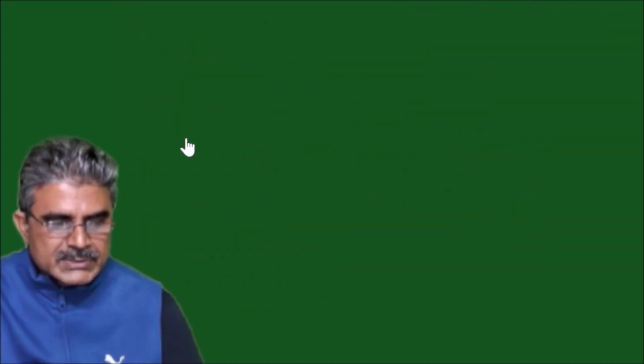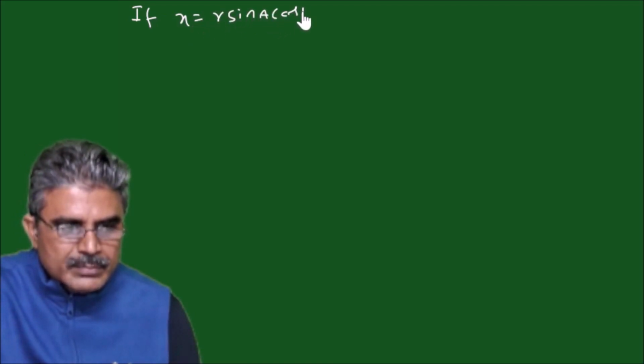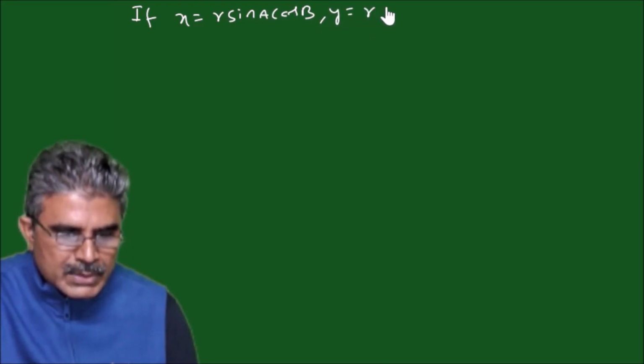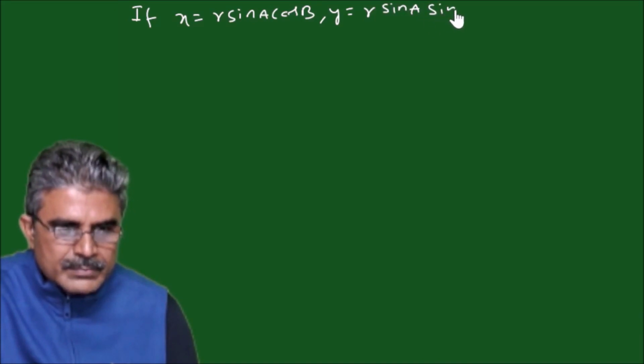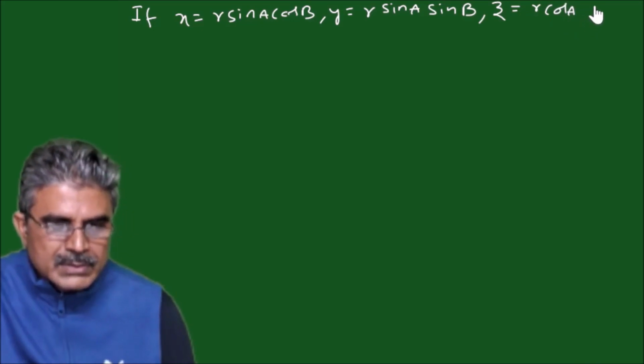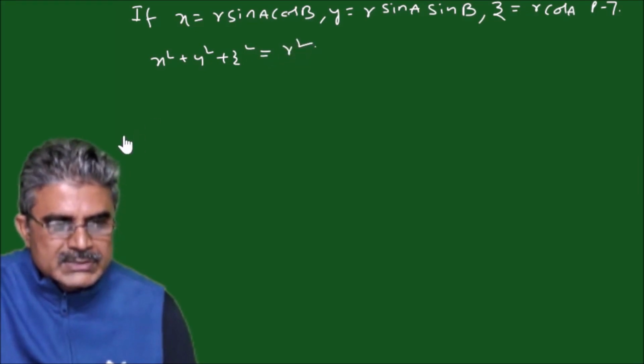Our next question is, if x is equal to r sin a cos b and y is equal to r sin a sin b and z is equal to r cos a, prove that x square plus y square plus z square is equal to r square.